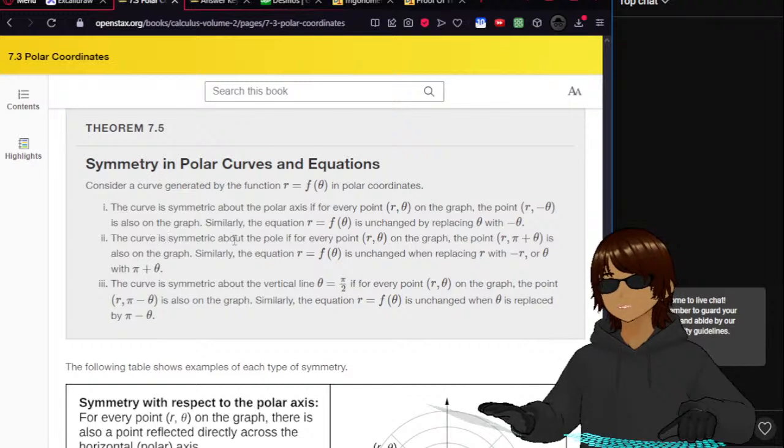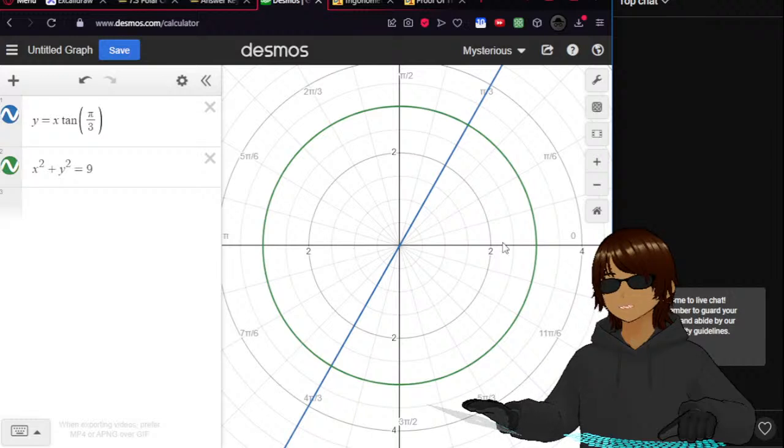So first symmetry is about the polar axis, where f of theta is the same as f of minus theta.